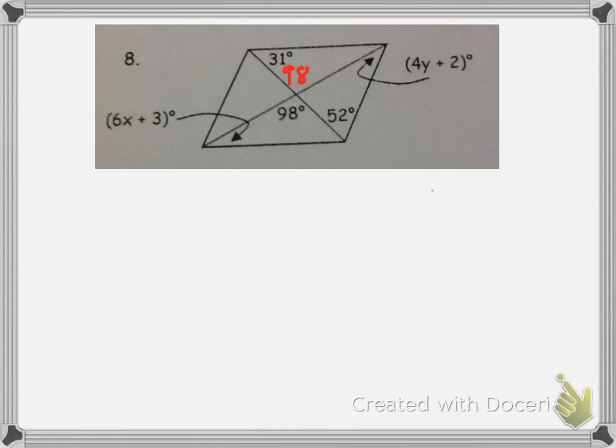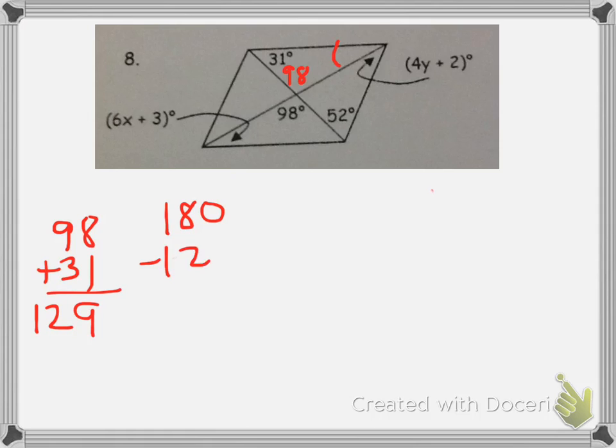Now how do we solve for this one? For this one, you do 98 plus 31, it's 129. We know that the triangle has to be 180, so 180 minus 129 is 51. So that means that this angle right here is 51.